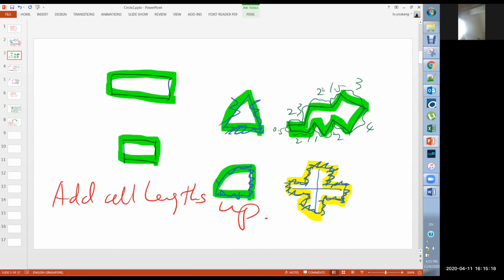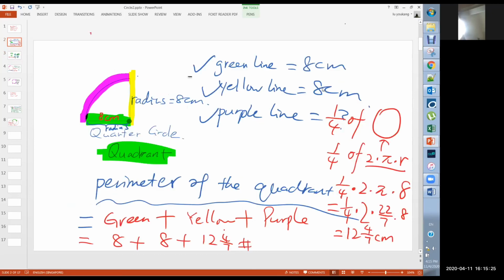So if you are asked to find the perimeter of anything, what you need to do is first trace with different colors, and then add all the different colors up, or the value of each color up. Alright? Okay, good. Any more questions for me?